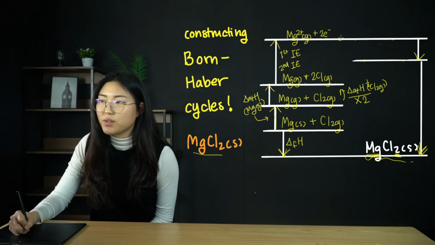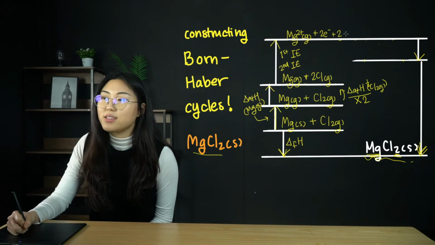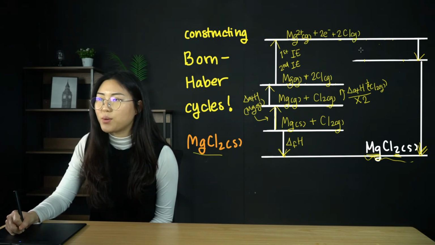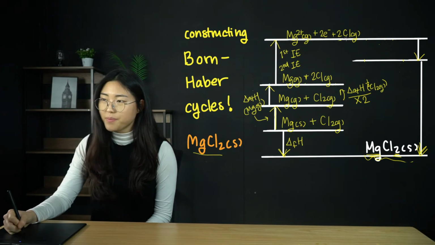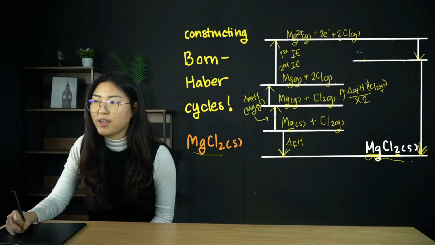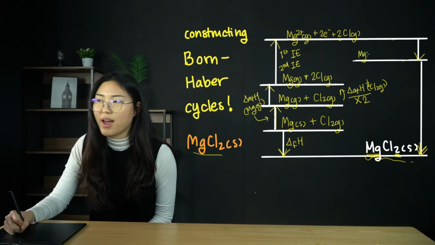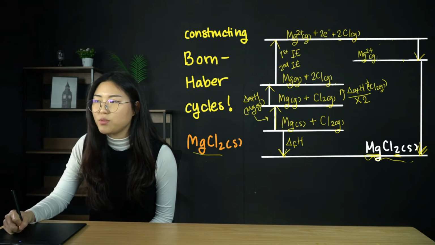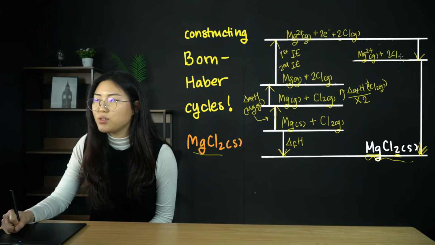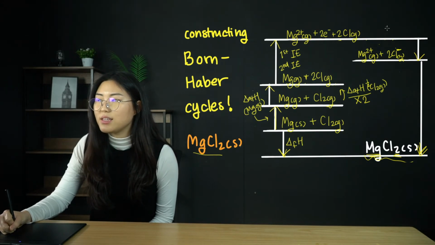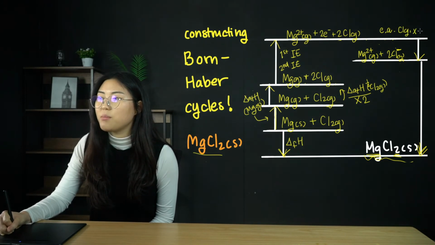So I'm going to have 2 electrons that have been stripped away, and I'm going to have the chlorine gaseous atoms. Now, the chlorine gaseous atom has to gain those electrons to become ions, okay, chloride ions. So that's going to be Mg2 plus gas plus 2Cl minus gas, so that it became chloride ions. So this arrow is going to be the EA, electron affinity of chlorine gas, but we need to times this by 2, right?